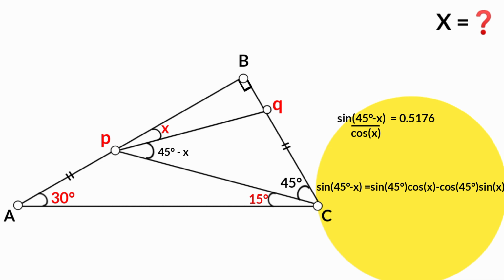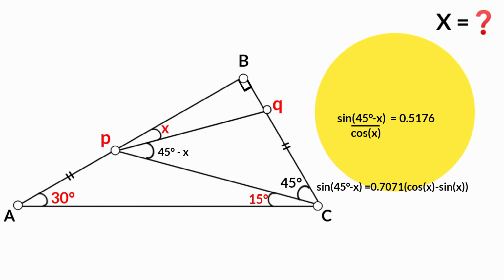Sine 45 degrees is 0.7071 and cos 45 degrees is 0.7071. Now sine 45 degrees minus x equals 0.7071 cos x minus 0.7071 sine x. If we factor out 0.7071, now sine 45 degrees minus x equals 0.7071 times (cos x minus sine x).